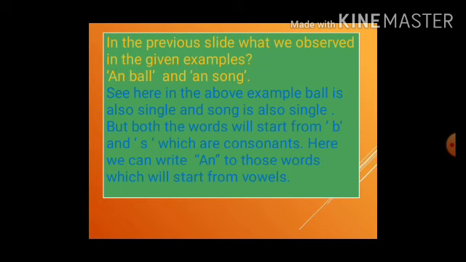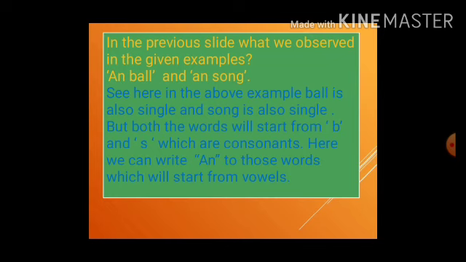What are consonants here? Consonants have closed sounds. It means that they are dependent alphabets. So here we can write an only to those words which start with vowels, not to those words which start with a consonant.